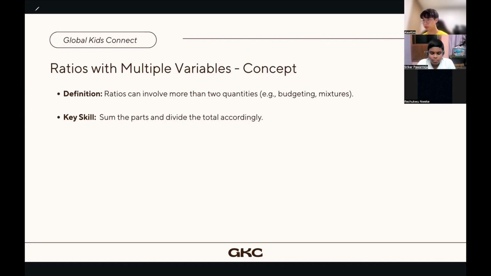Then a key skill to remember is to sum the parts and divide the total accordingly. What this means is that if we are given a ratio, let's say A to B to C is equal to 2 to 3 to 4, and let's say the total amount of A plus B plus C equals 18, then if we wanted to, for example, find the value of B, first of all, we would have to sum the parts.